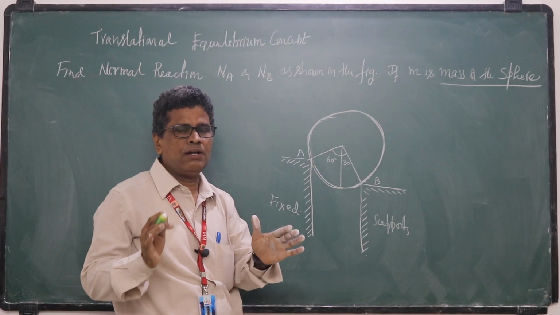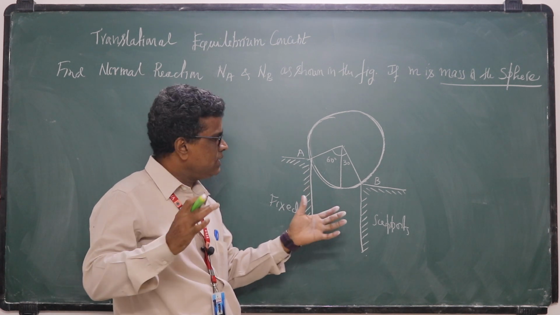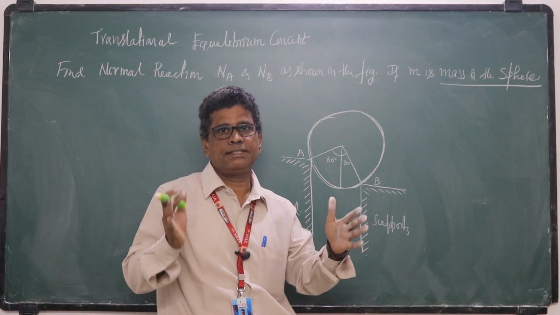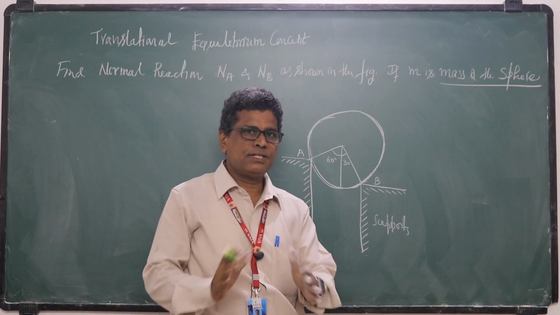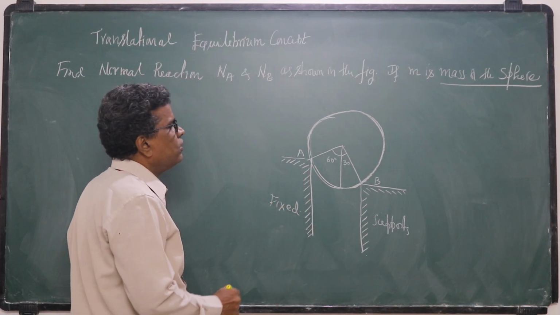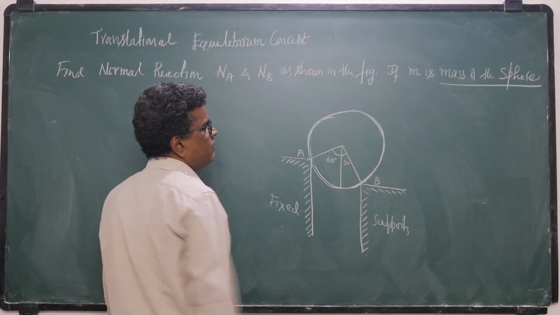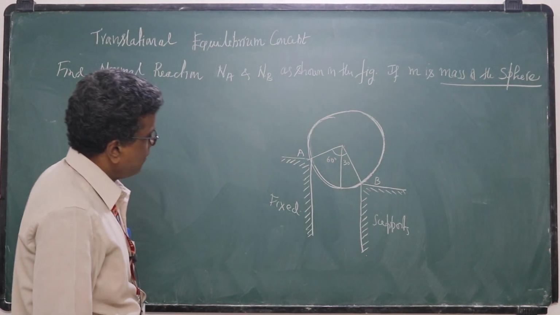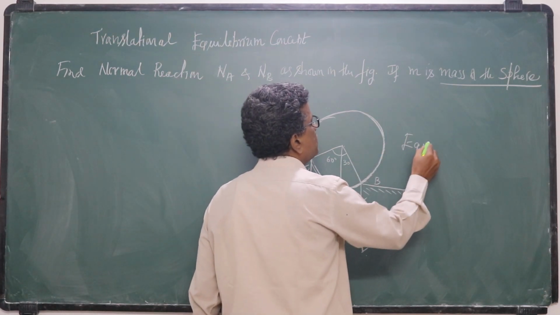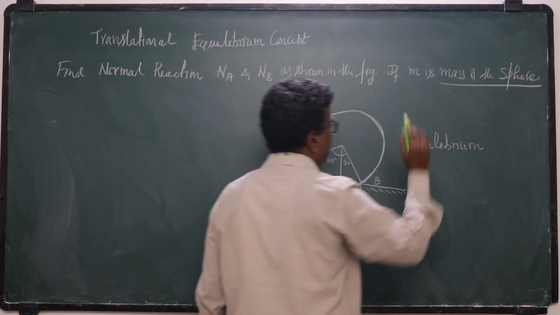So from the figure we can understand that this sphere is under equilibrium. So it is in a balanced state. That means it is under equilibrium. So we want normal reactions at A and B. So this problem is also under the concept of equilibrium.